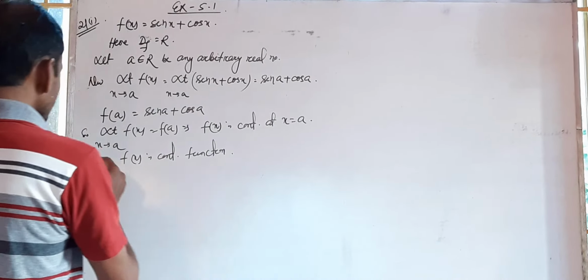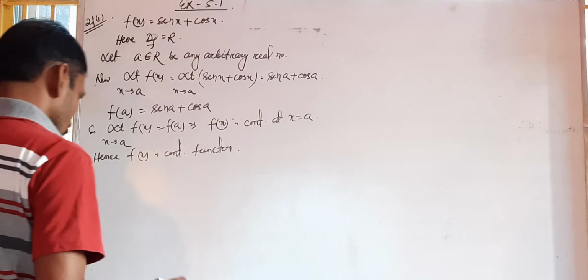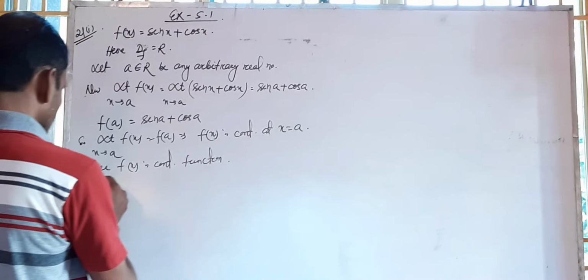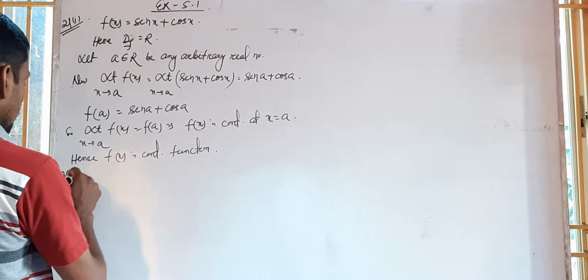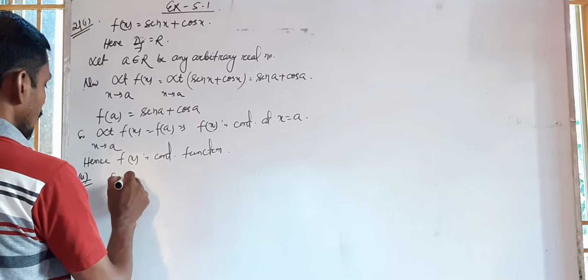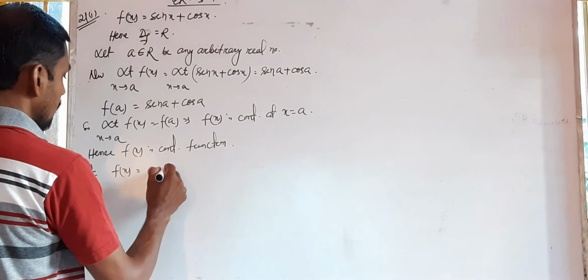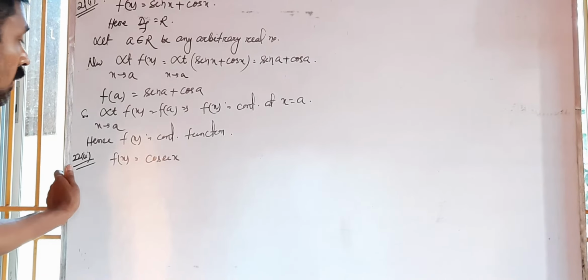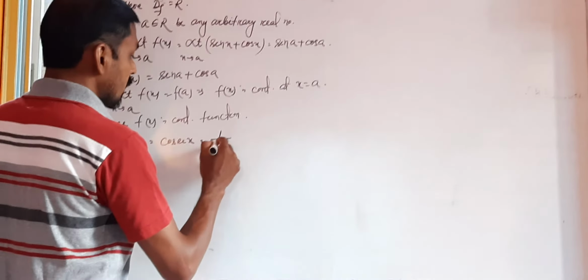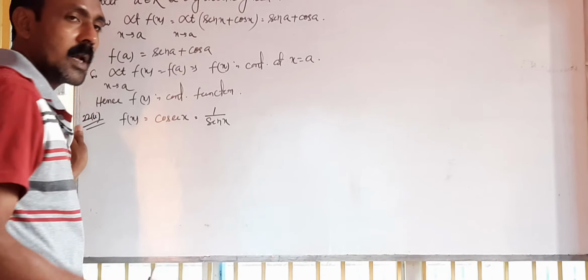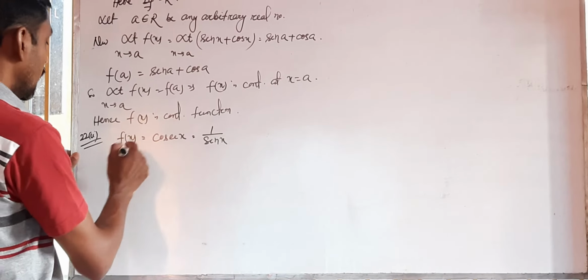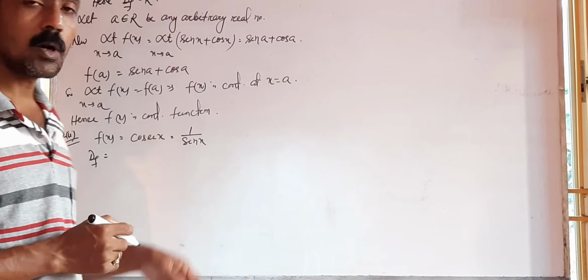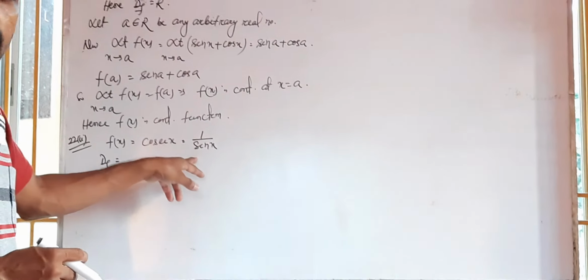Then question number 22, second bit suppose. It is given f of x equal to cosec x. Clear? Now what is cosec x? Cosec x is 1 by sin x, the reciprocal of sin. So what will be the domain? The sin x should not be equal to 0. Domain of sin is real numbers.